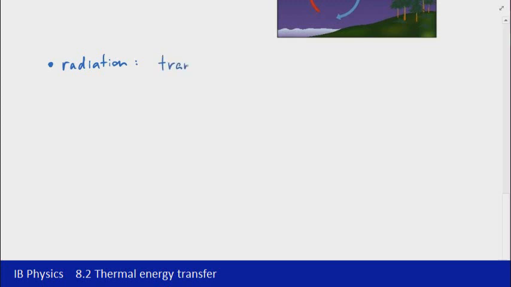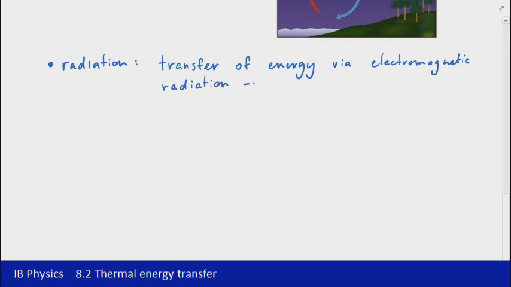When we're talking about thermal radiation, we're talking about the transfer of energy through electromagnetic radiation. And when we're talking about electromagnetic radiation, we're really talking about light, ultraviolet, infrared, those types of radiation.